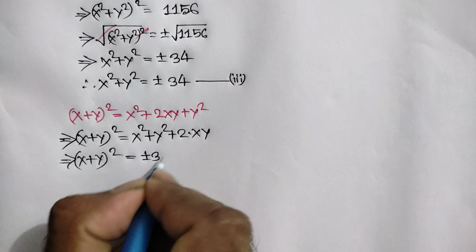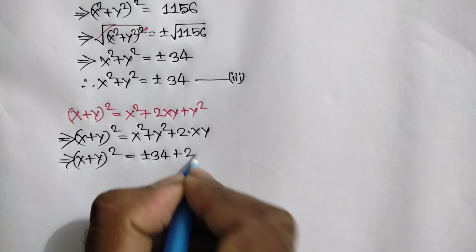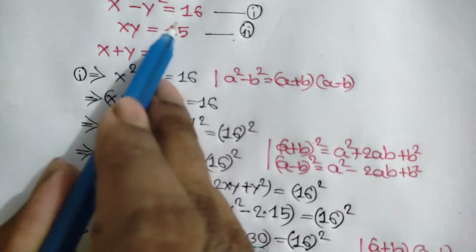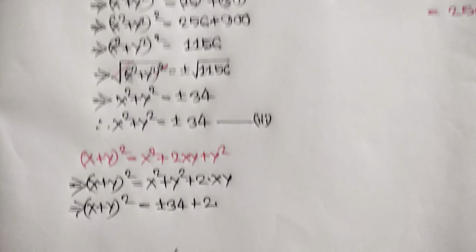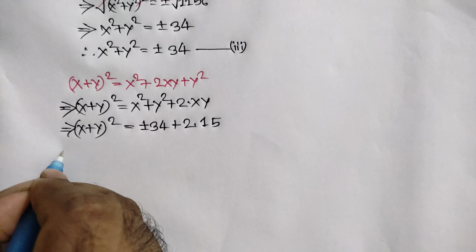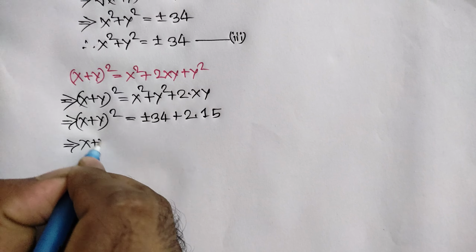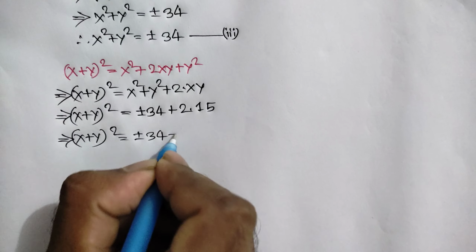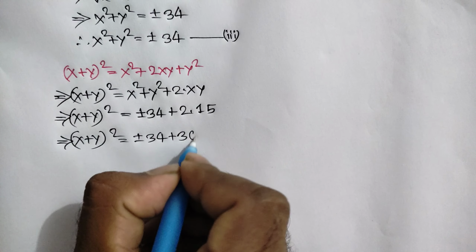So we can write plus minus 34 plus 2 times xy, which is equal to 15 from equation 2. So x plus y whole square is equal to plus minus 34 plus 2 times 15, that is 30.